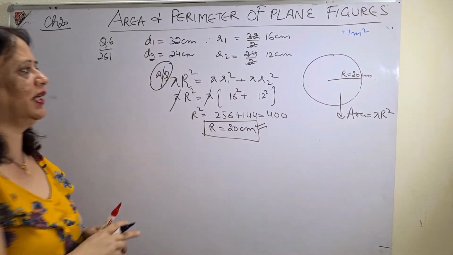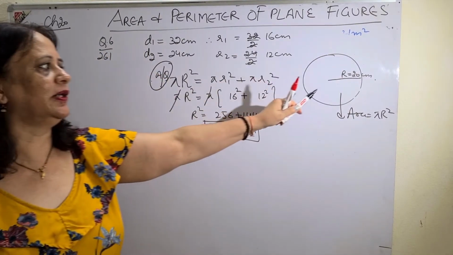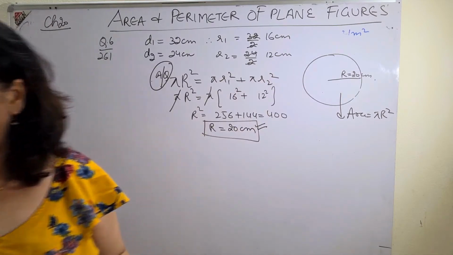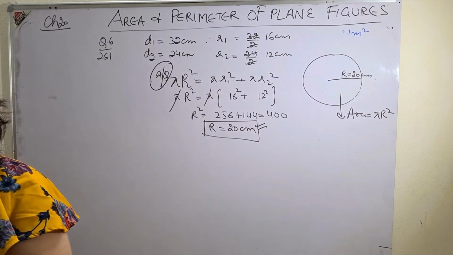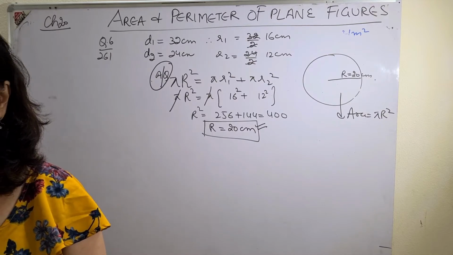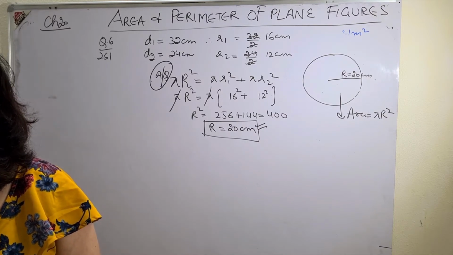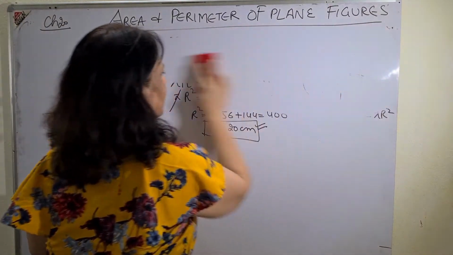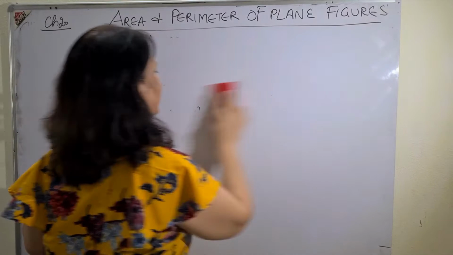Just to make you understand, I have done it like this and made the circle so that you are very clear about the language. Similarly, children, moving to question number 8 of the same exercise. See, we'll read the language first.